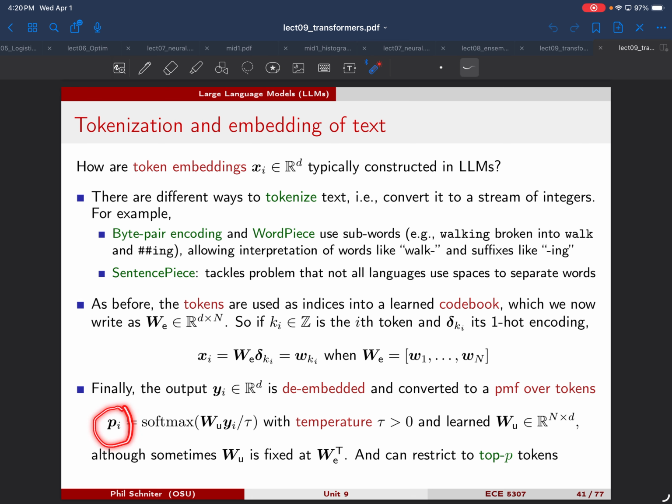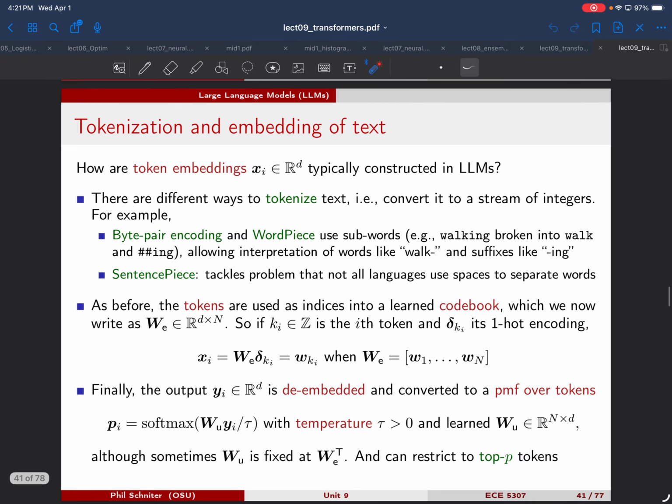So you could say, let's only consider those with a probability greater than, say, 1%. You can threshold these, and then the softmax will normalize things again. For example, top P, where P is some probability threshold that you can set. So there are different things you can do for the de-embedding. All right, so that's how we tokenize and embed text. Any questions?